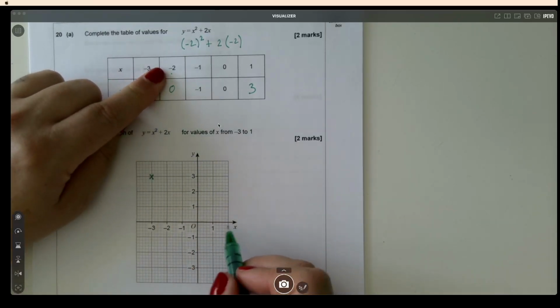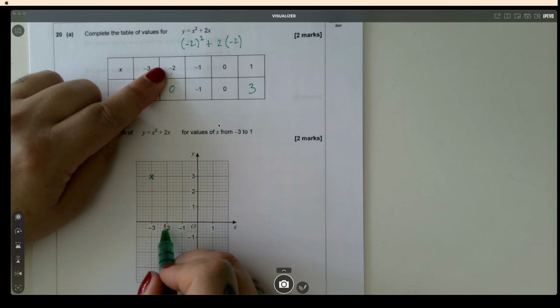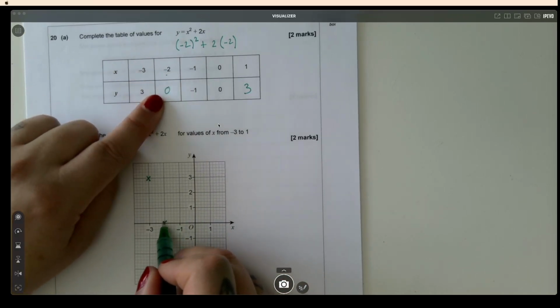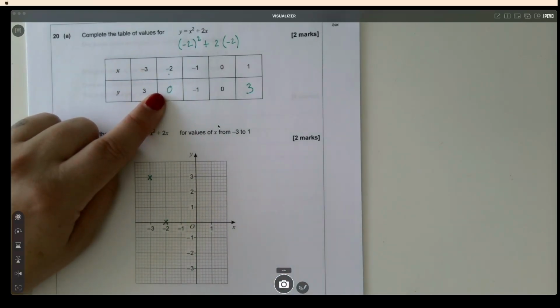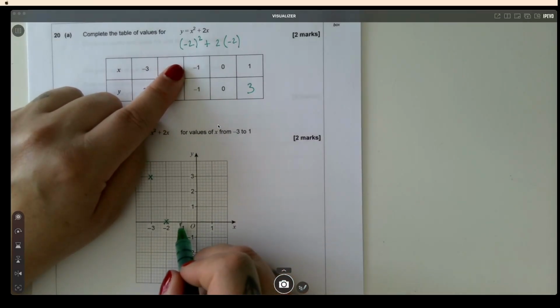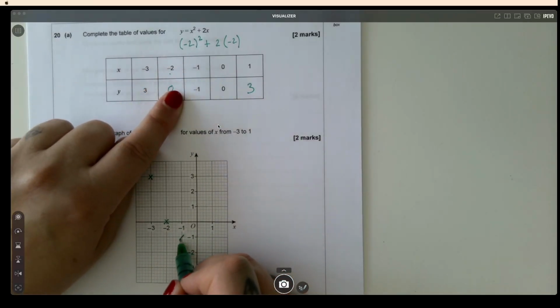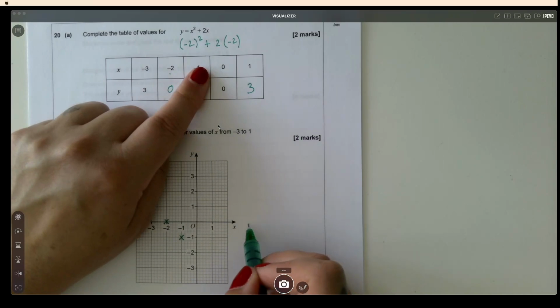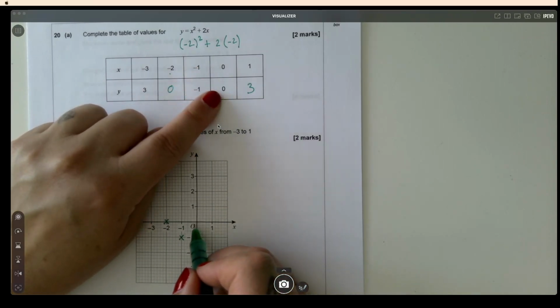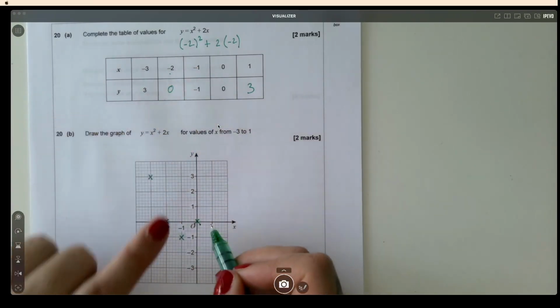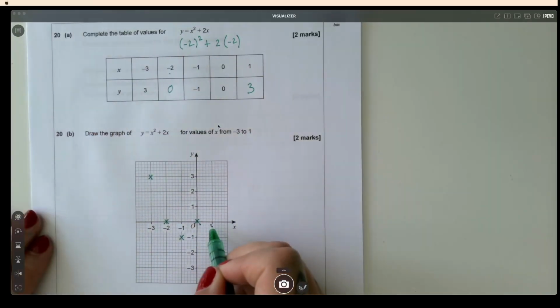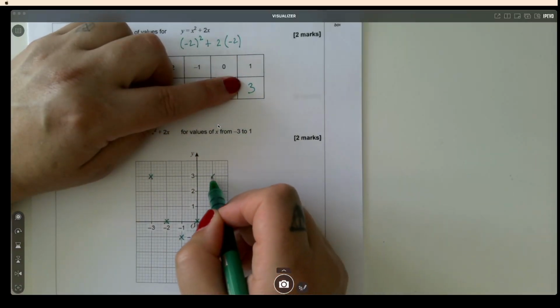To plot this point, we're going to go along the x-axis to -2, and then we're going to be at 0 because y is 0. Along the x-axis to -1, and then to -1 on the y-axis. Along the x-axis to 0, we're at 0 again. And then along the x-axis to 1, and then to 3 on the y.